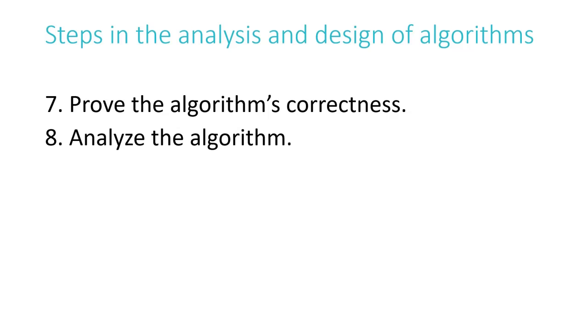The eighth step is to analyze the algorithm. You might ask, how do we choose from algorithms which solve the same problems? That is after proving that the algorithms are correct. One way to select the best among the algorithms is considering their efficiency.